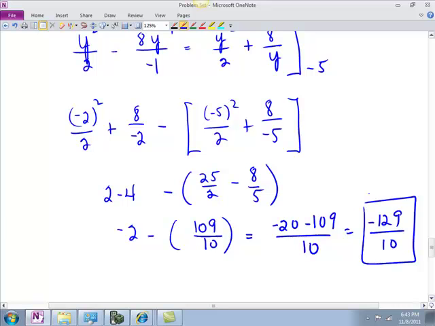Everybody good with that? You need help? Where are we stuck? Yes. These are not difficult, and this is really arithmetic as much as anything.